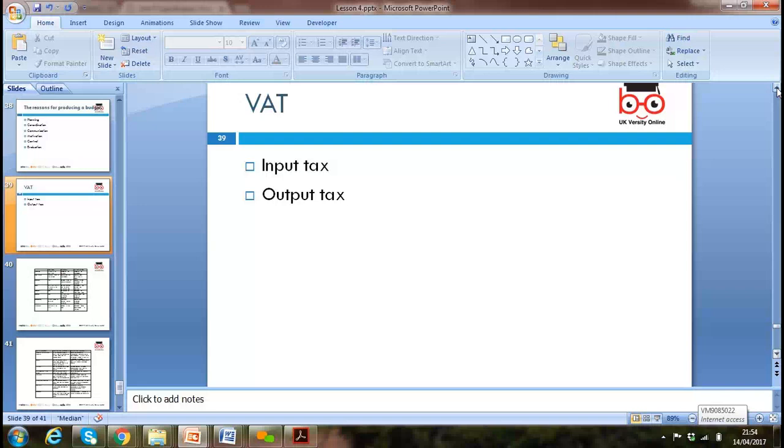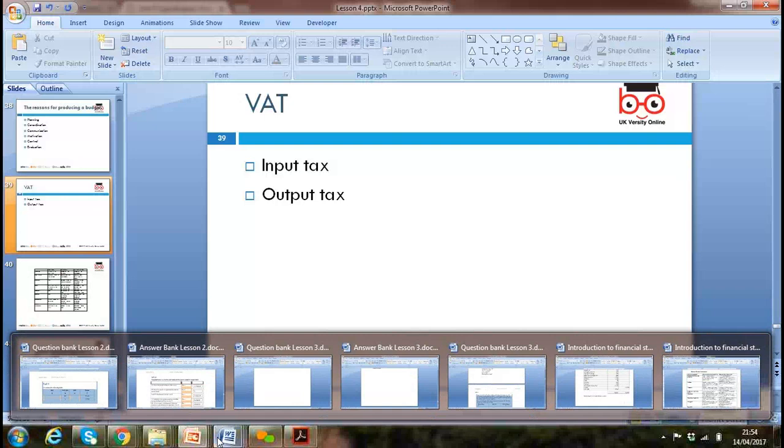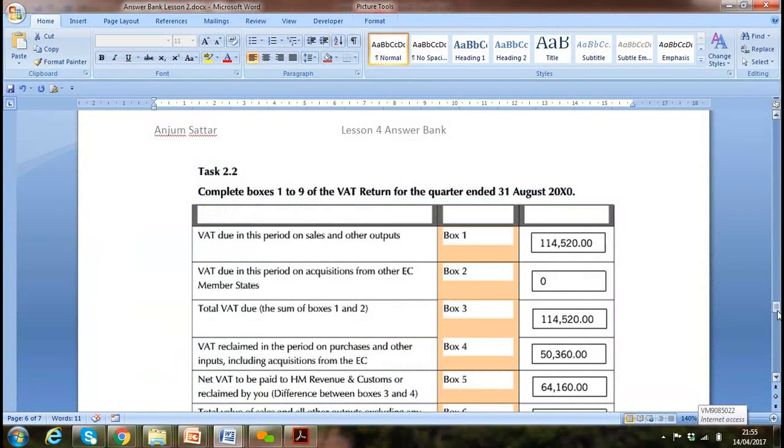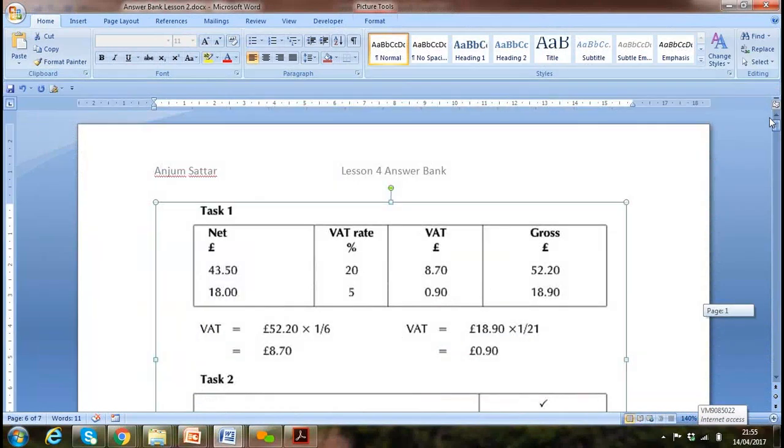Okay. So I have quoted a few examples. I have prepared a few handouts for you, which I sent to you. These handouts are about how we can calculate VAT.